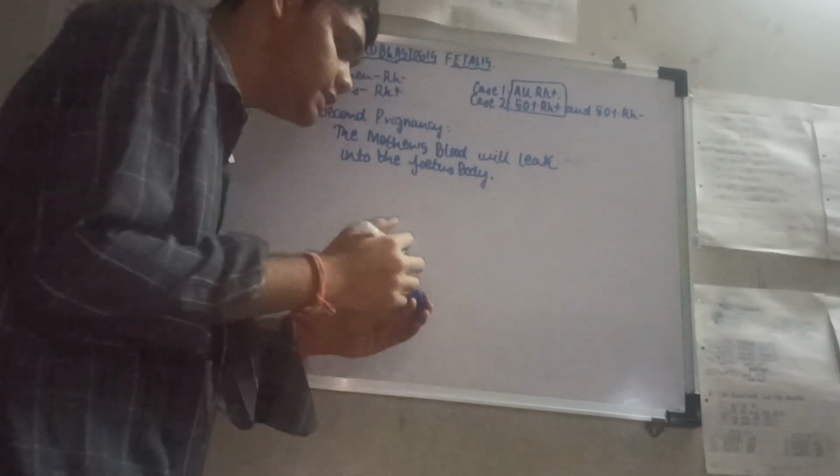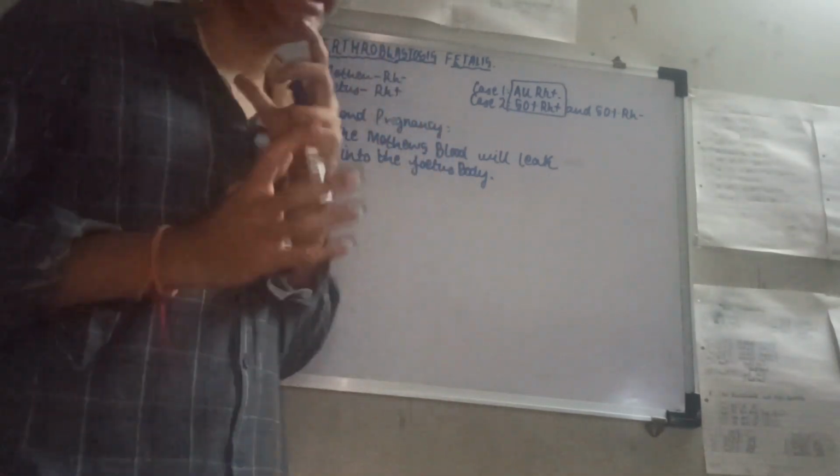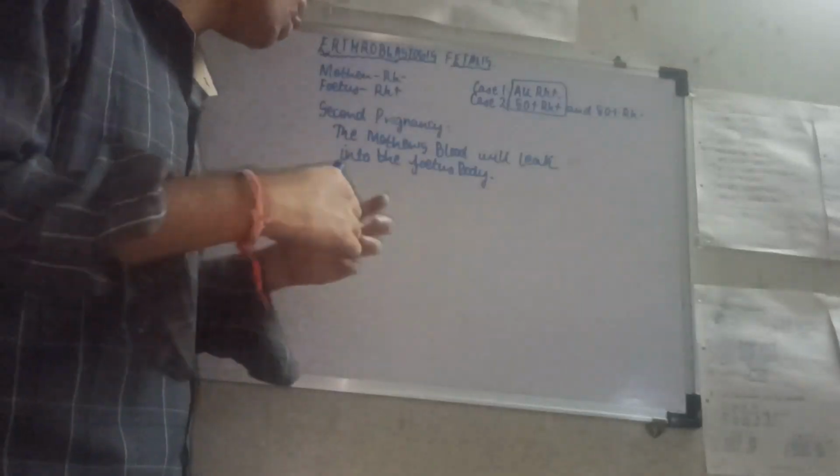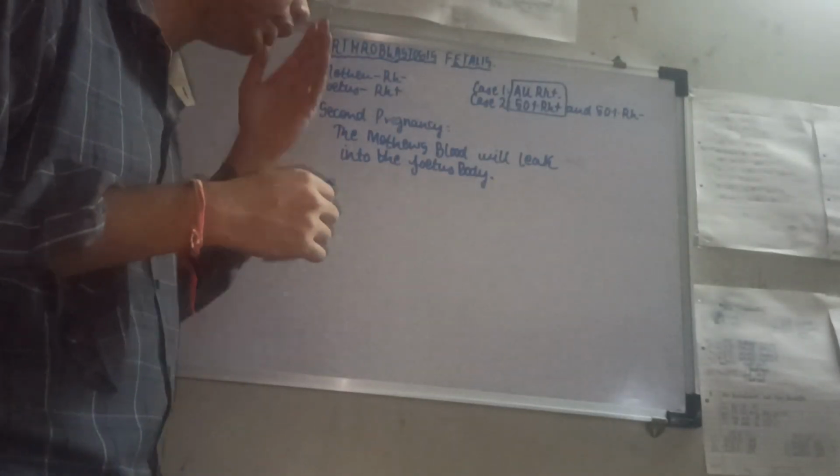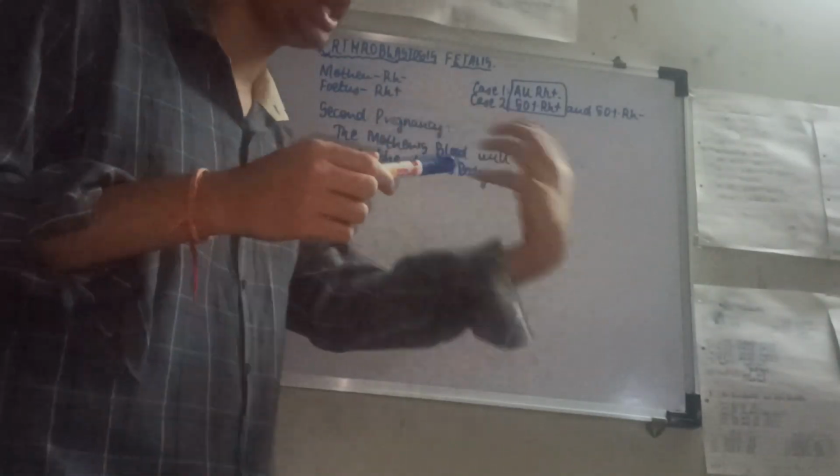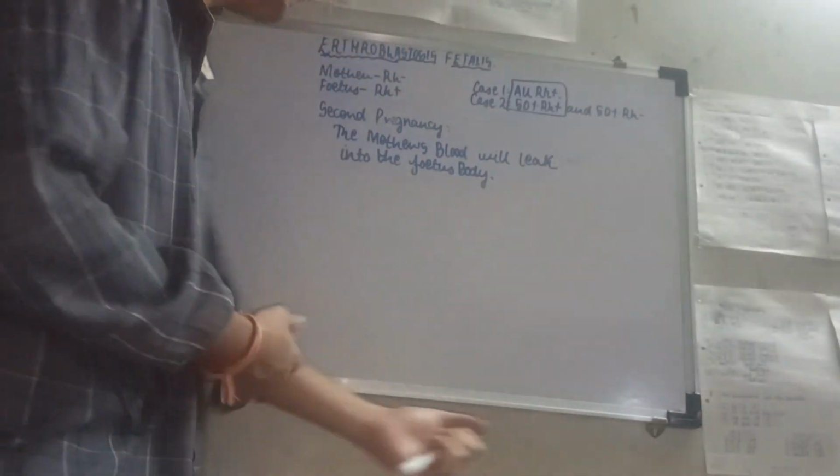As the mother's blood contains antibodies and now it is not well separated, the mother's blood containing antibodies against Rh blood group leaks into the fetus body.